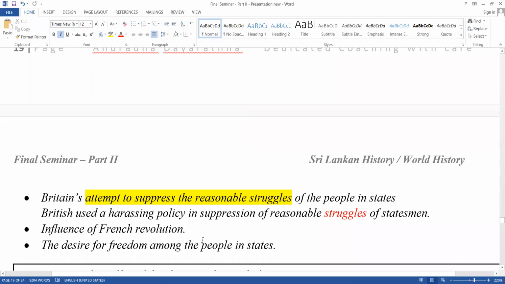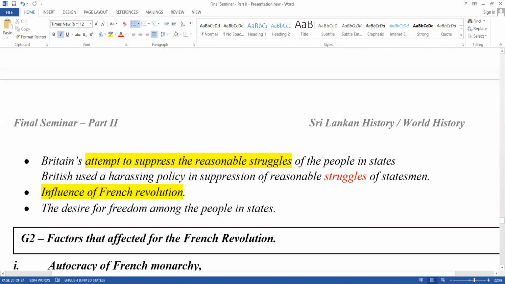Reasonably, they were struggling against their motherland, but the motherland could not understand that, and suppressed them in a cruel way. Okay. Even the influence of the French Revolution also motivated the American people to fight against their motherland.